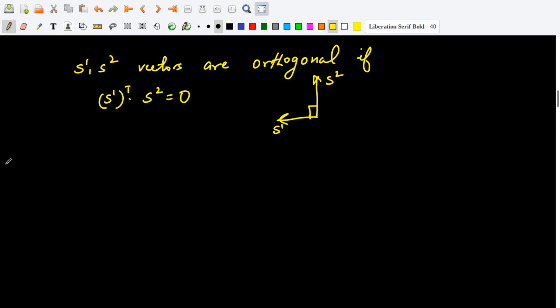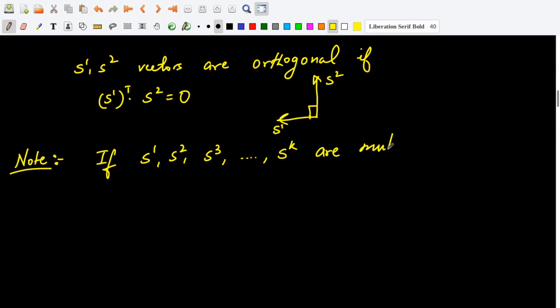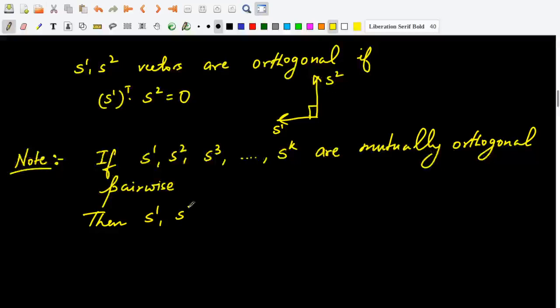What you can easily prove is if S1, S2, S3, Sk are mutually orthogonal pairwise, that means if you pick any two and take the product, it comes out to 0, then S1, S2, Sk are also linearly independent.